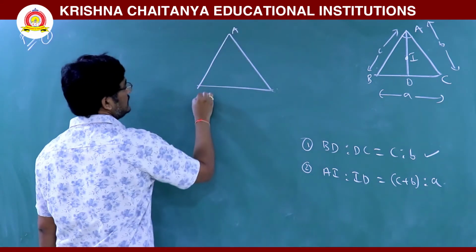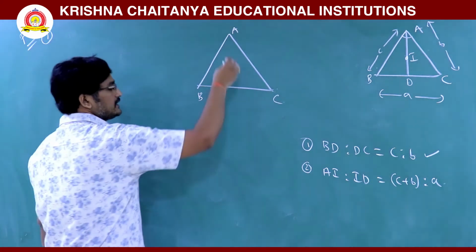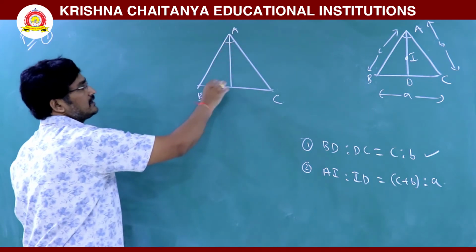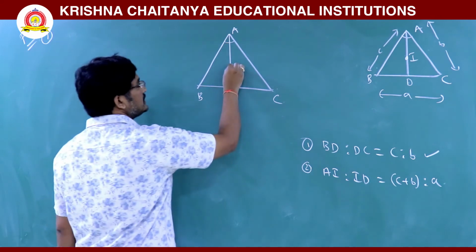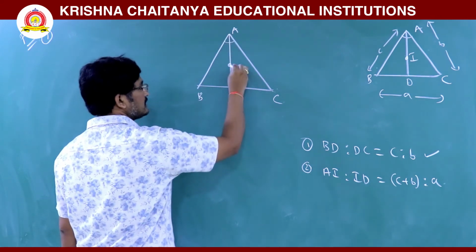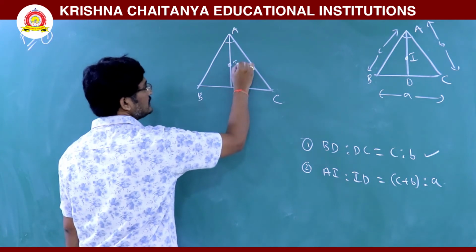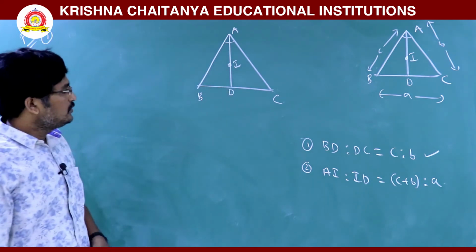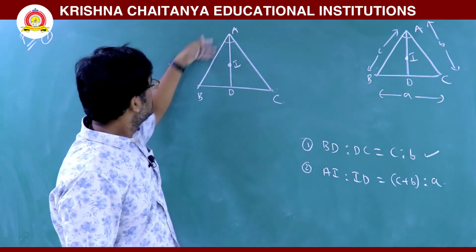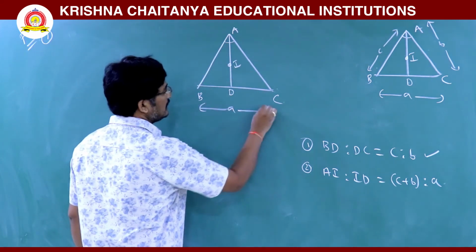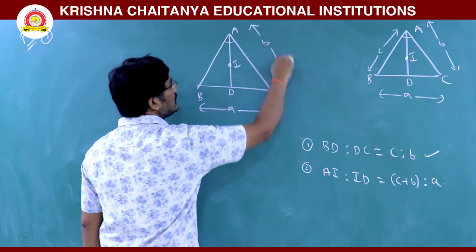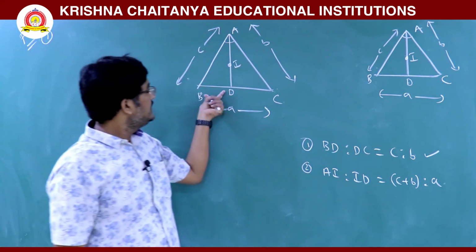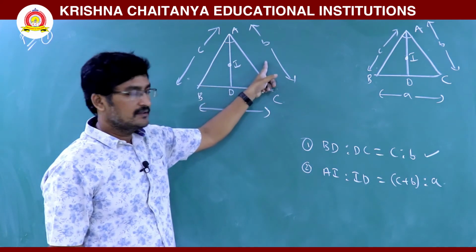This is A, this is B, this is C. This is the angular bisector of angle A. This is the point of concurrency of the angular bisectors through B and C. This is I. I already told you that the angular bisector of angle A meets BC at D. Now we have to prove BD is to DC is equal to c is to b, where this length is small a, this is small b, and this is small c.